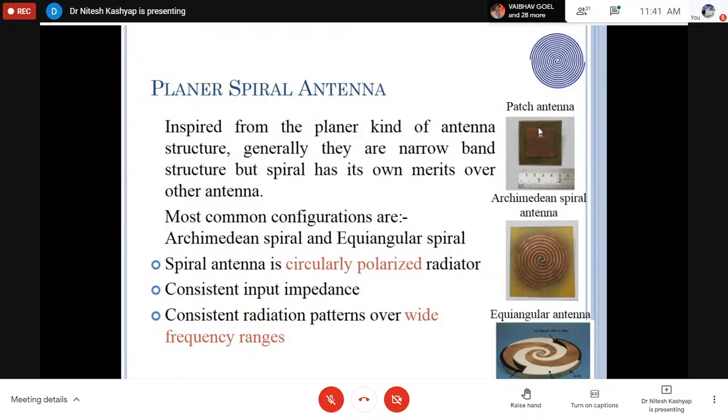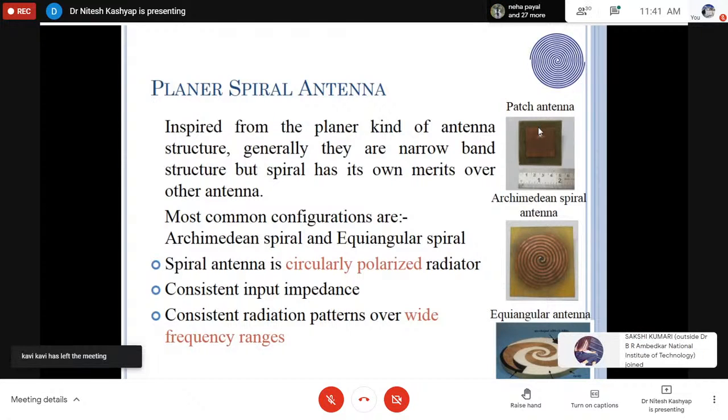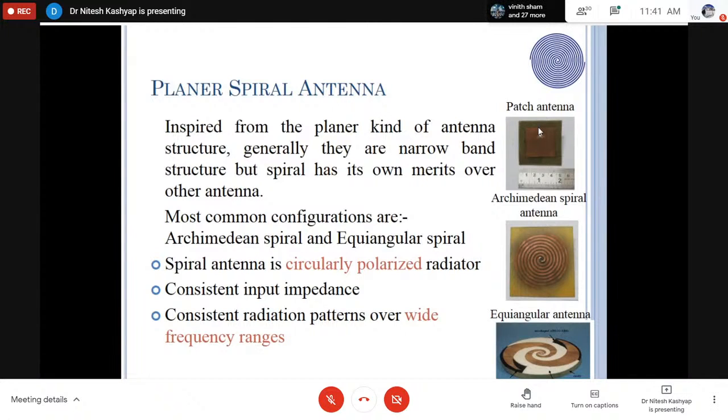It is equal to 180 or 188 or 200 ohm. So the input impedance of the patch antenna is not consistent. As we increase the dimension of the patch, the impedance increases.